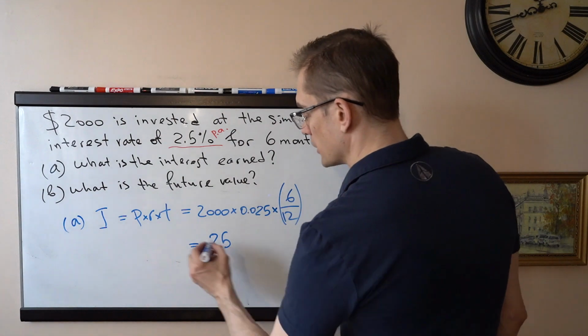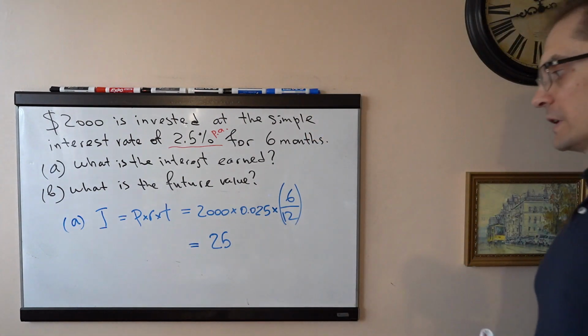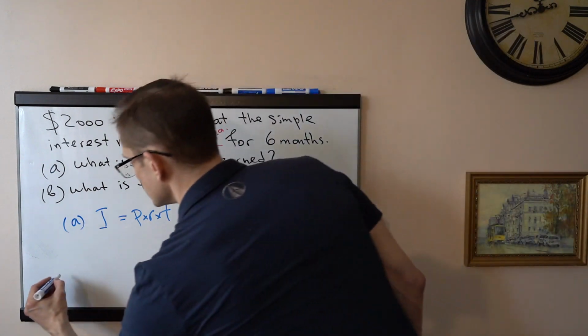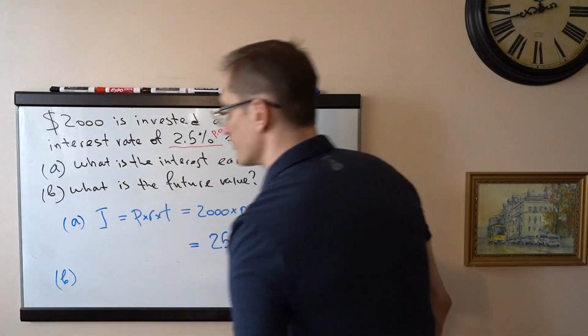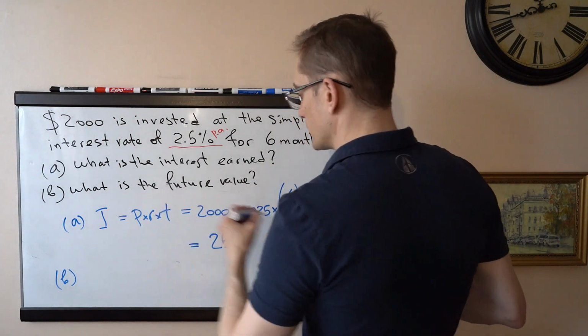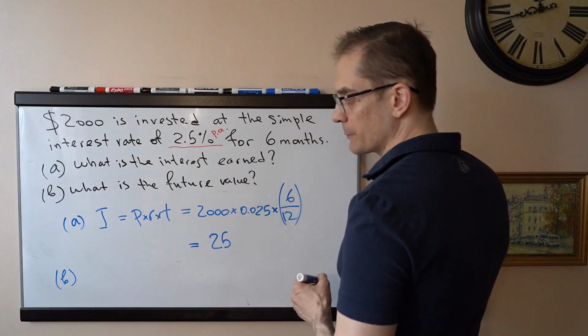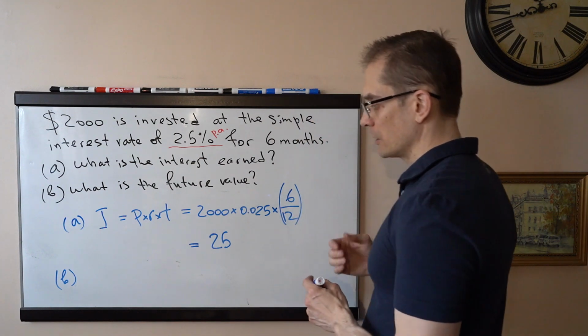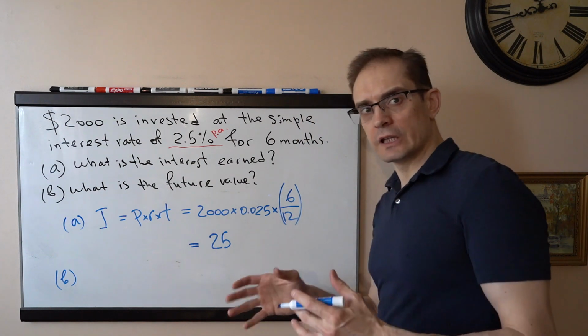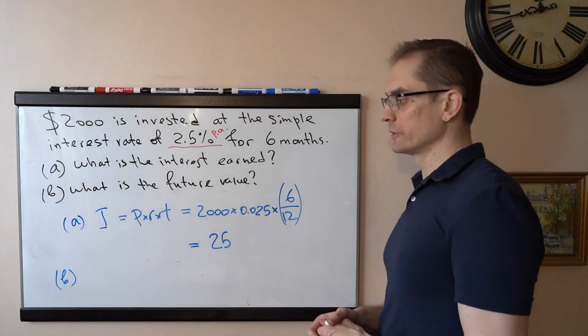So interest in this case is $25. Now B. Well, in part B, we need to find future value. And future value can be found in two ways. First way is very straightforward, which is 2,000 plus 25, it's $2,025.